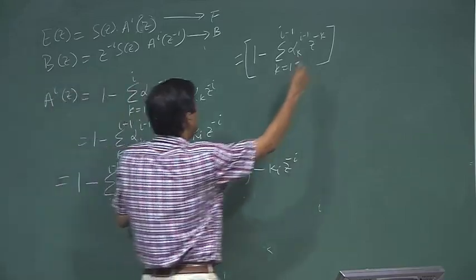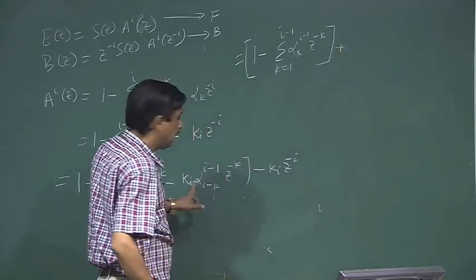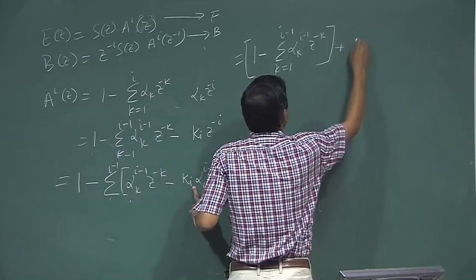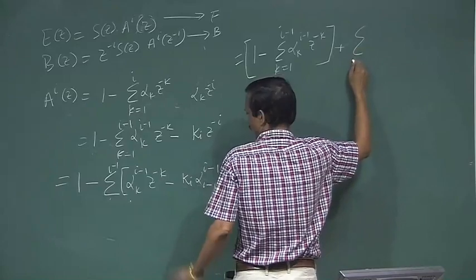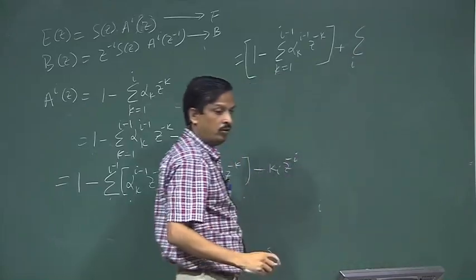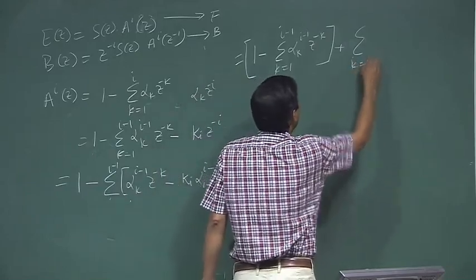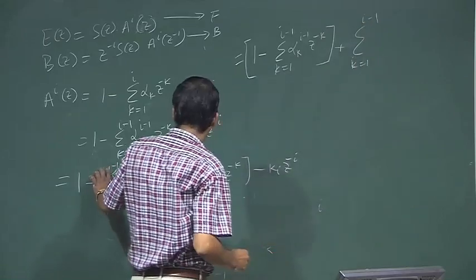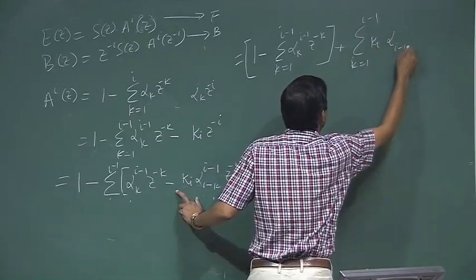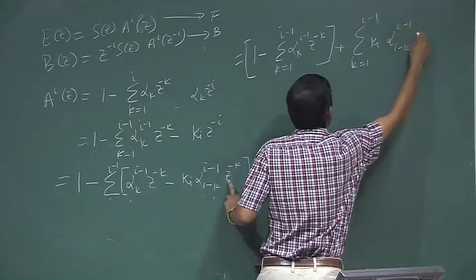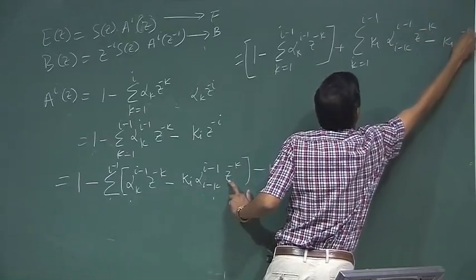and another equation is minus minus plus k i. I put the sum also here. So, summation over k equal to 1 to i minus 1, this sum, minus minus plus k i alpha i minus k i minus 1 z to the power minus k, minus k i z to the power minus i.